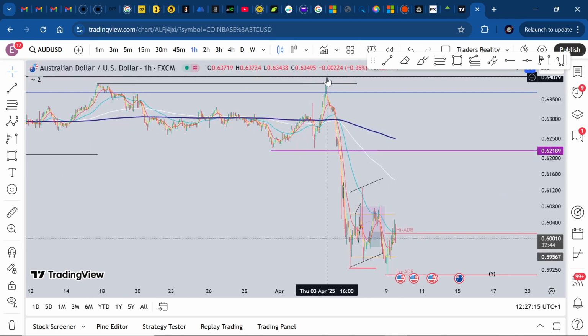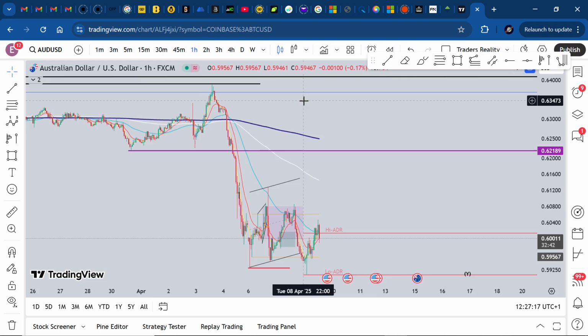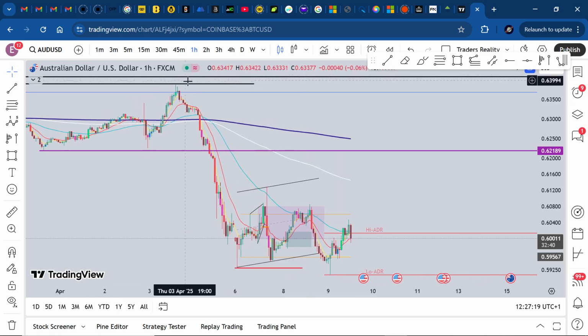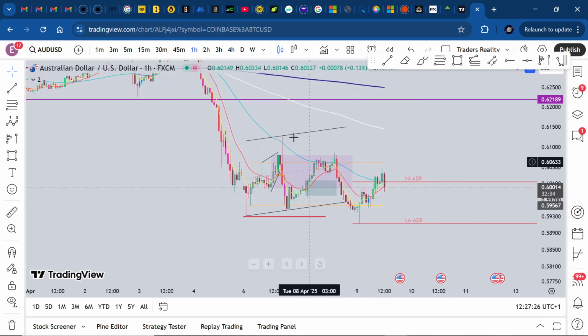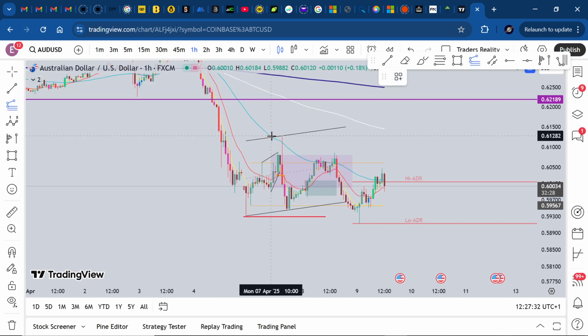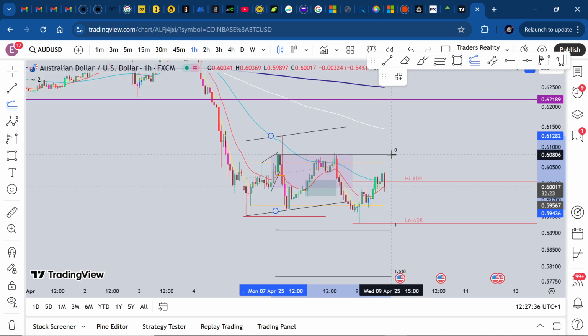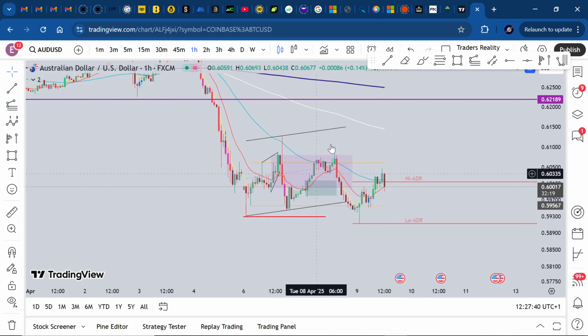I do expect price to come back up and take them, but we've come down, potentially 1, 2, 3, 4, looking for 5. And if that's the case, like NZD, it could be looking for a diagonal. But let me measure this, because it does look very close. Okay, great. 3 shorter than 1, 2 longer than 4.